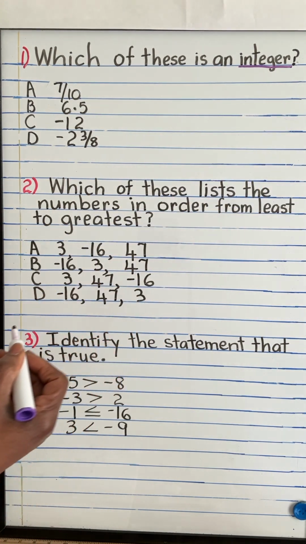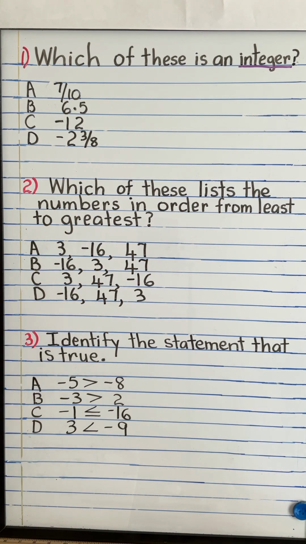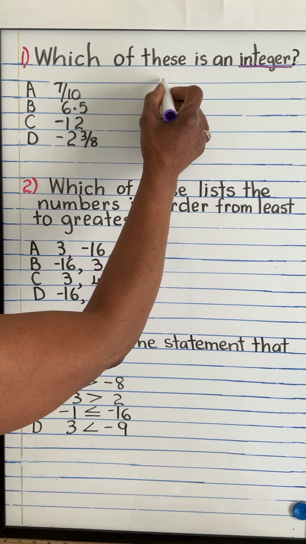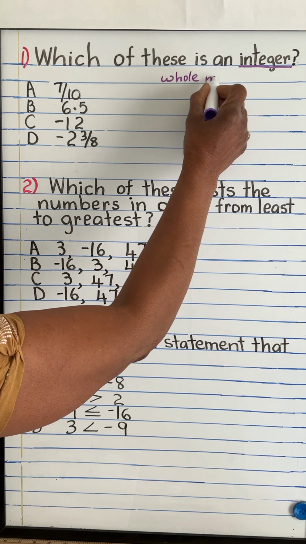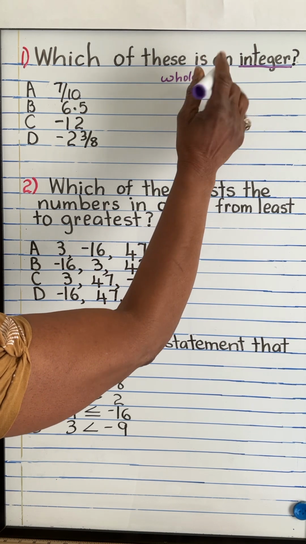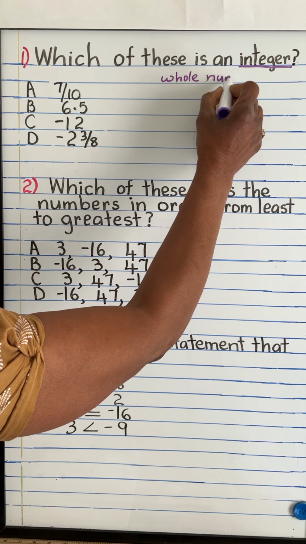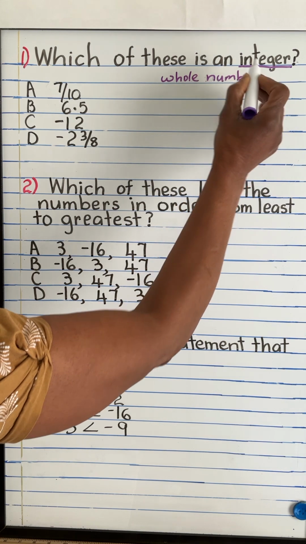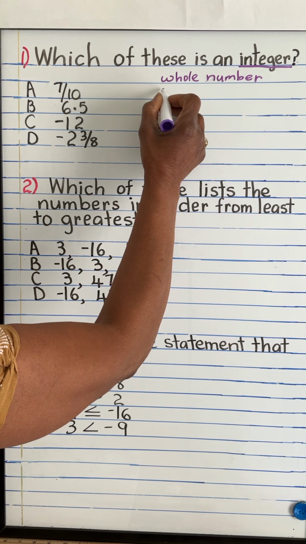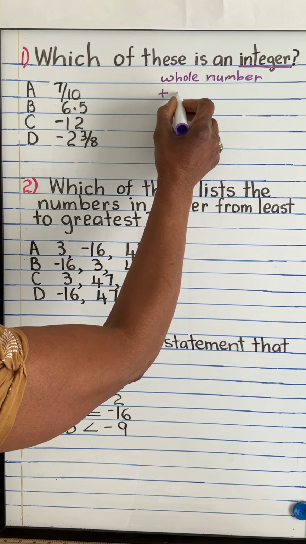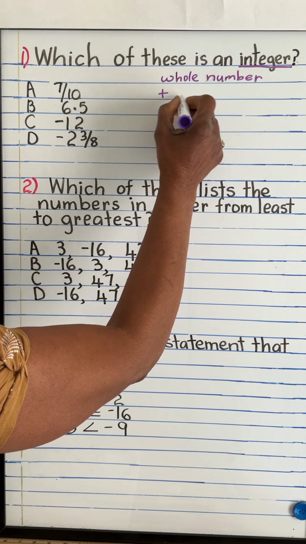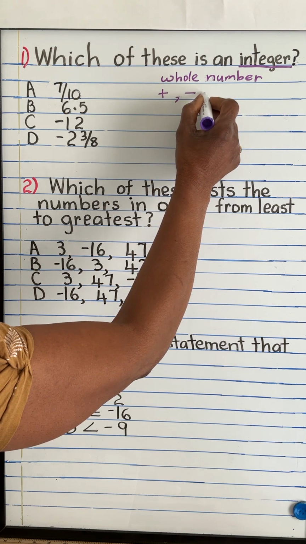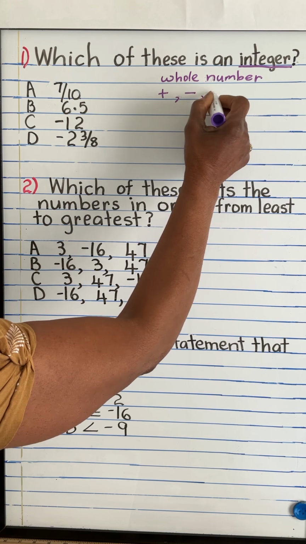First we have to establish what an integer is. An integer is a whole number, positive, negative, and zero.